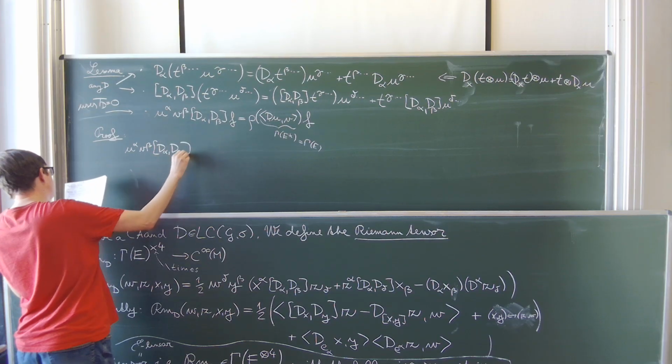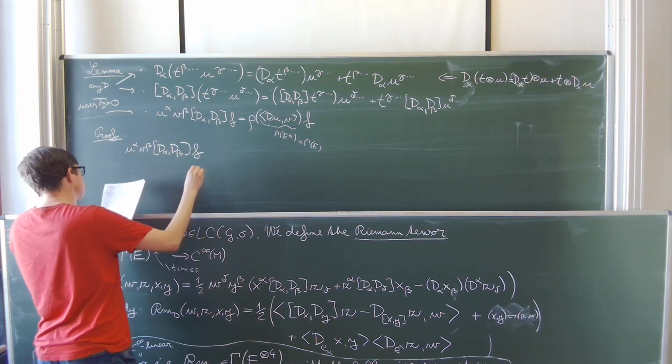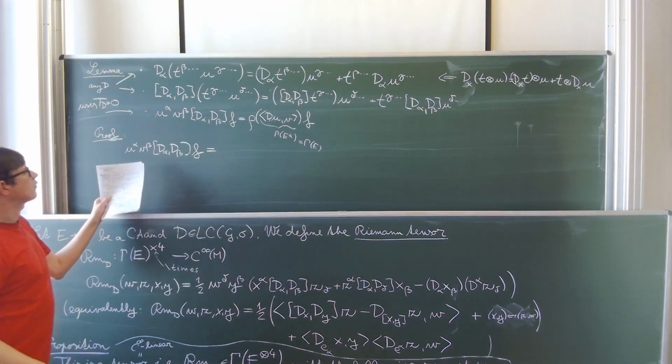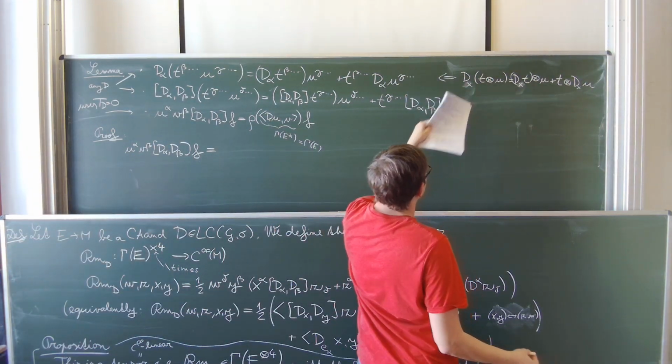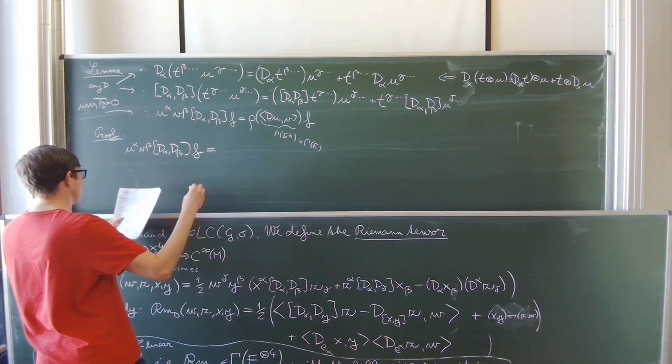So now we have two covariant derivatives. So we need to look back at these formulas of how to relate this to the other language where you have covariant derivatives with respect to some sections.